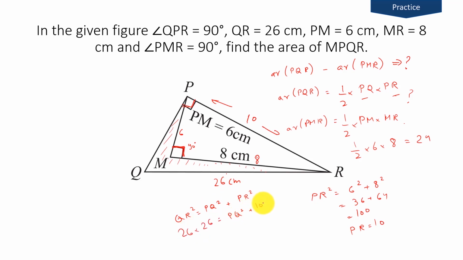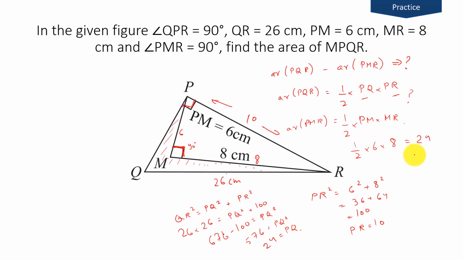PQ square plus 100. So 676 minus 100 is equal to 576. So the root comes out to be 24. 576 is a square of 24. So PQ comes out to be 24.